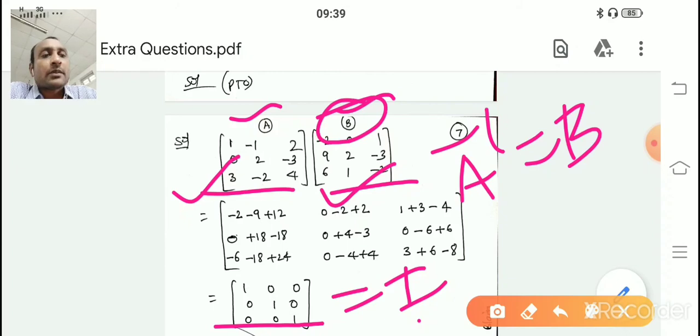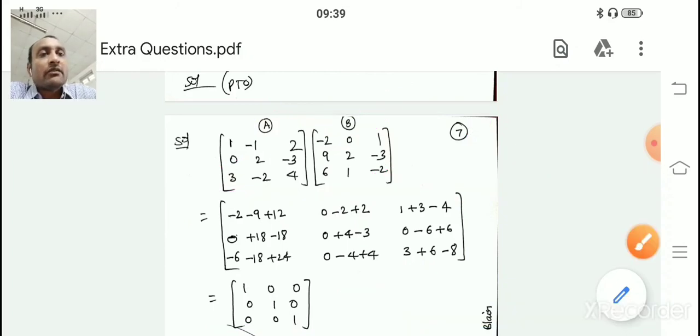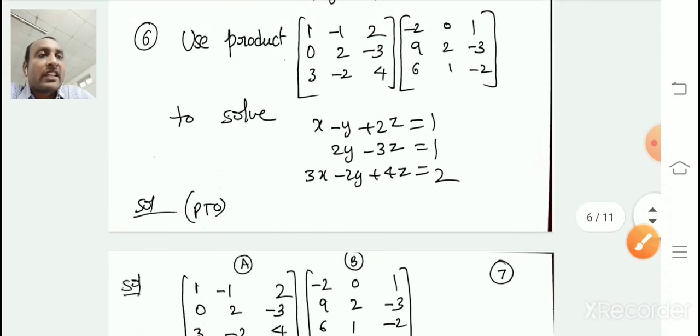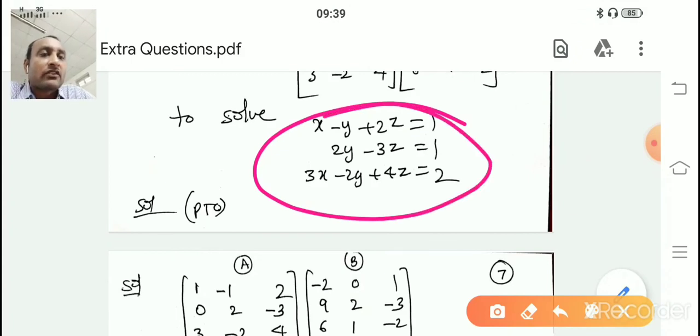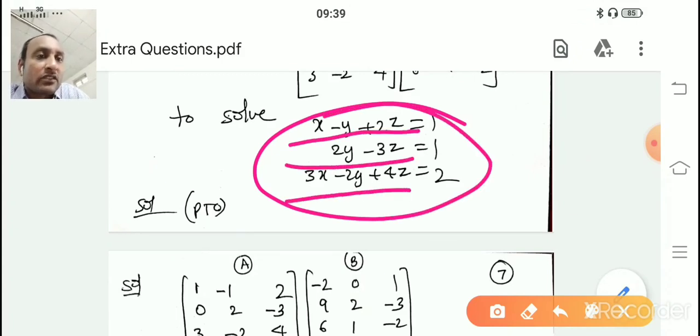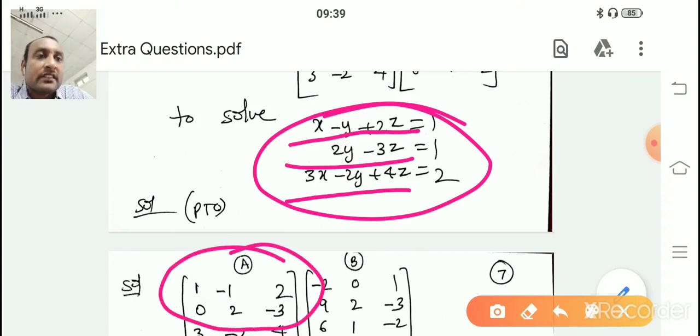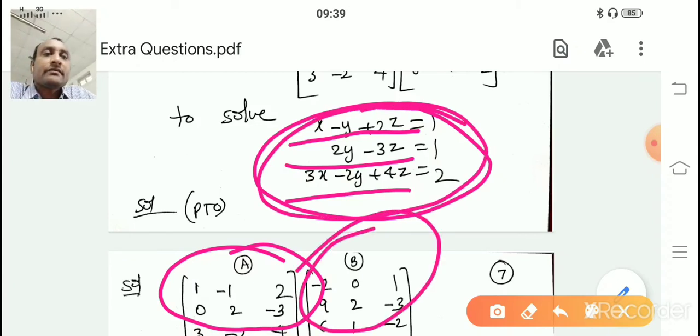Okay. After finding the product, we noticed it. Then when I write these equations in matrix form, you notice that 1 minus 1 2, 2 0 2, minus 3 3 minus 2 4 is the matrix A. That means when I write it in the equation form, A inverse is here only, because the product we got is I, right.